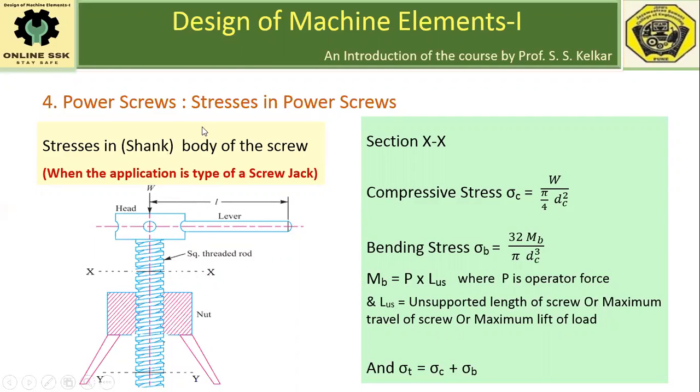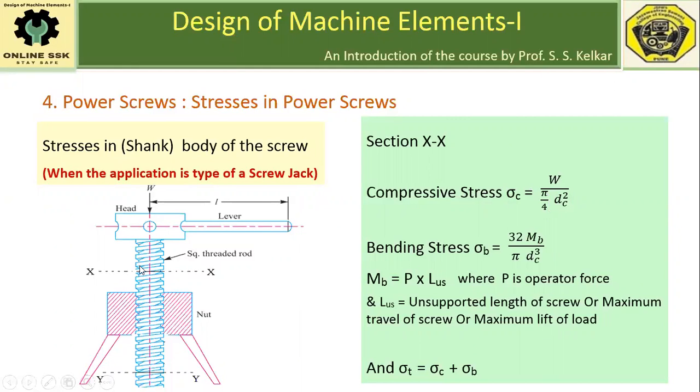A cup will be provided which will be subjected to load W. As far as section XX is concerned, it will be subjected to compressive stress due to this applied load W, and this induced compressive stress inside section XX will be given by sigma C equal to W upon pi by 4 dc square, where dc is the core diameter of the screw. So W upon pi by 4 dc square is the compressive stress to which this portion above the nut is subjected.